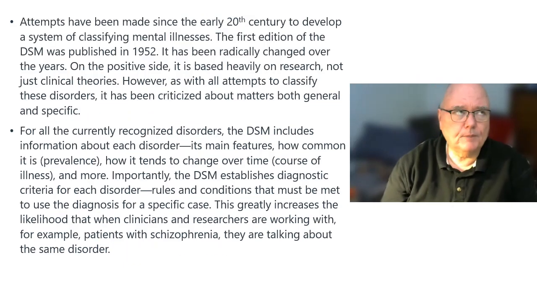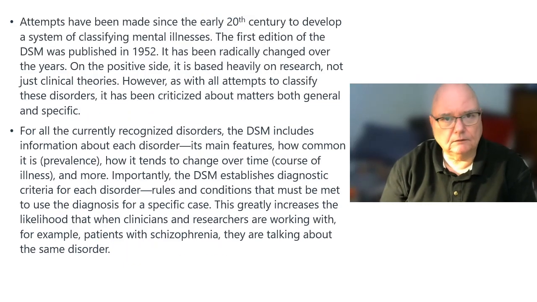So now people have been attempting, probably since the early 20th century, more than 100 years, to come up with a fair, workable, reasonable way of classifying mental disorders when you're working against the fact that everybody's different.